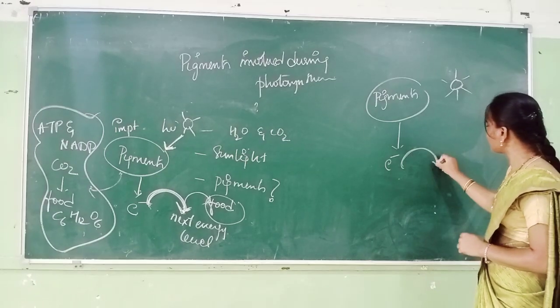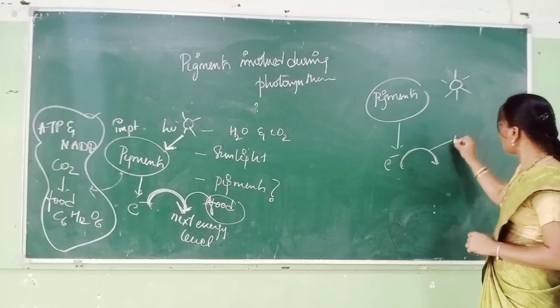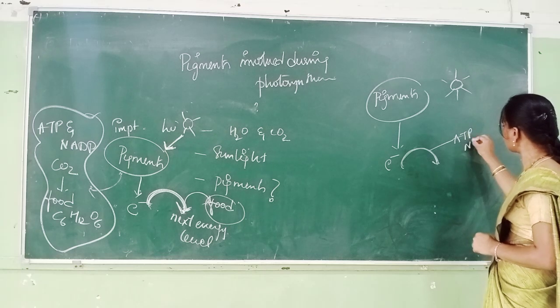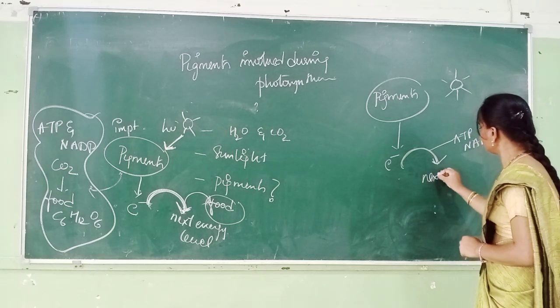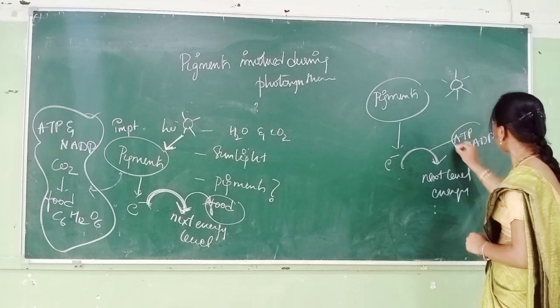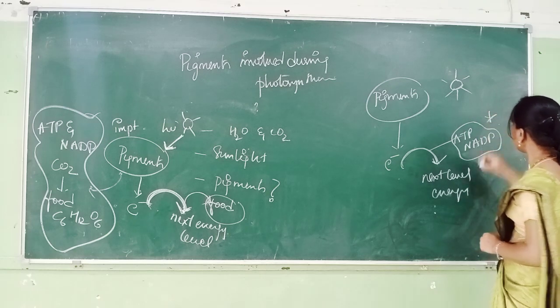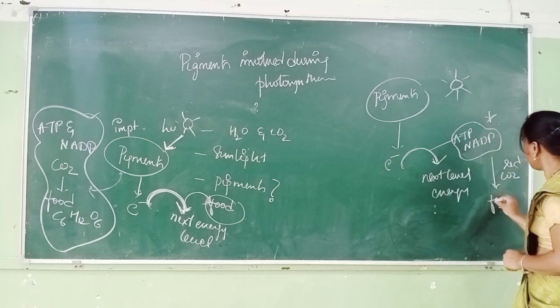So during this jumping, there is a release of energy in the form of ATP and NADPH, isn't it? So the formed ATP and NADPH will reduce carbon dioxide to form food for the plants.